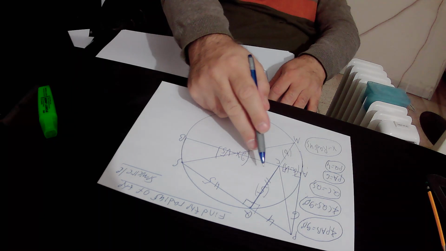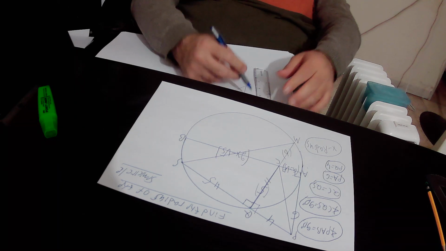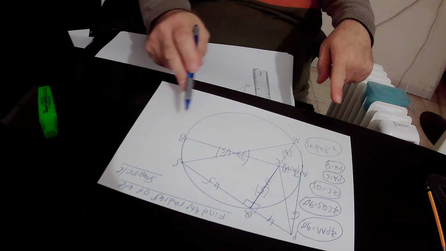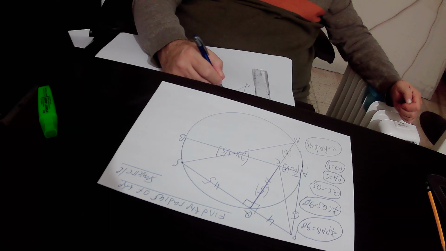Side QM equals 5 plus b. And we just found out that MS is the diameter of the circle, that is to say it equals 2x.